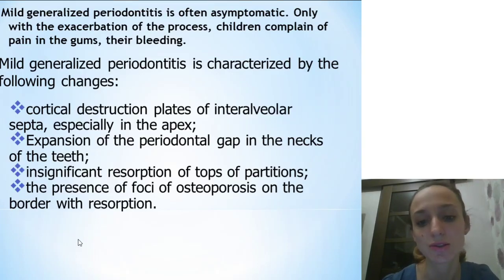The cortical plates of the interalveolar septum are destroyed, especially in the apex, and expansion of the periodontal gap in the necks of the teeth, insignificant resorption of tops, and the presence of foci of osteoporosis.